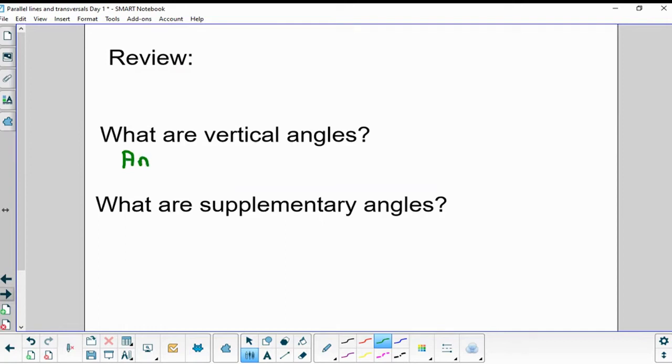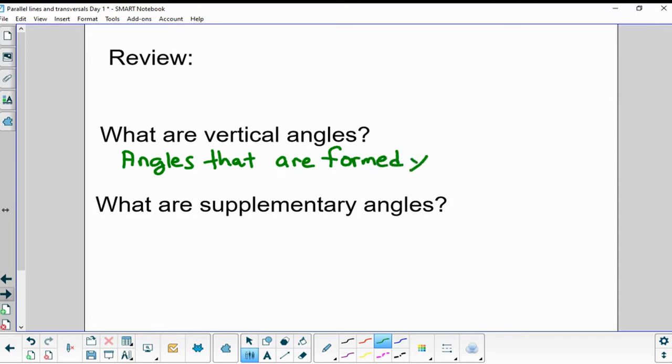What are vertical angles? Well, vertical angles are angles that are formed when you take two straight lines and just basically crisscross them or intersect them.